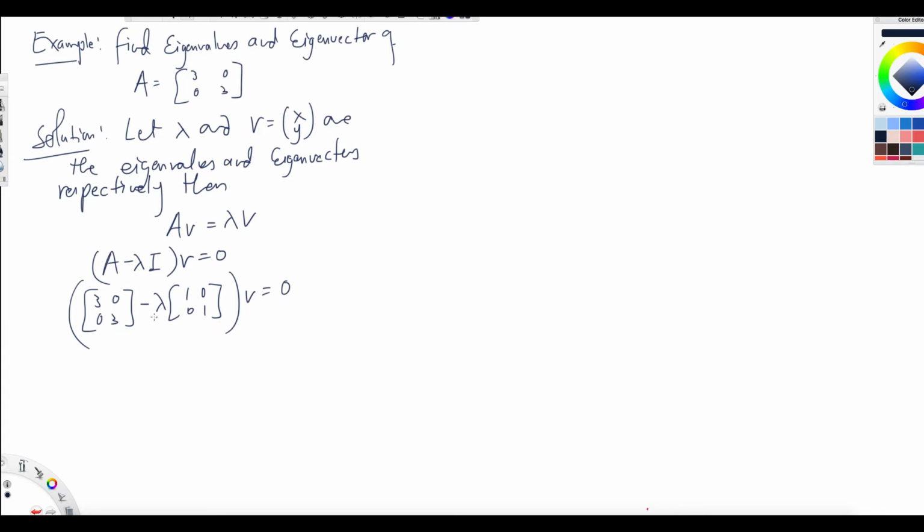Okay, for a matrix you can enclose it with brackets or parentheses, that's fine. If you simplify that, you will get the matrix 3 minus lambda, 0, 0, 3 minus lambda, times v equals 0. So what is the characteristic equation?